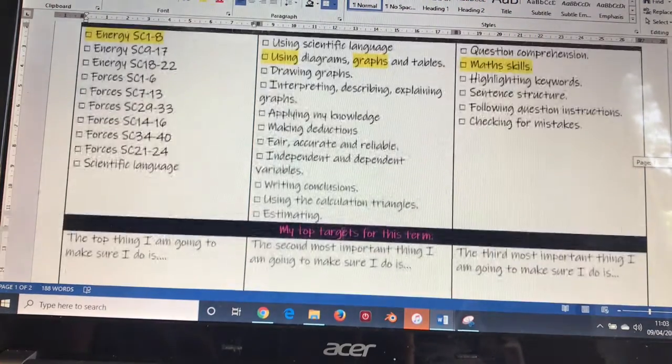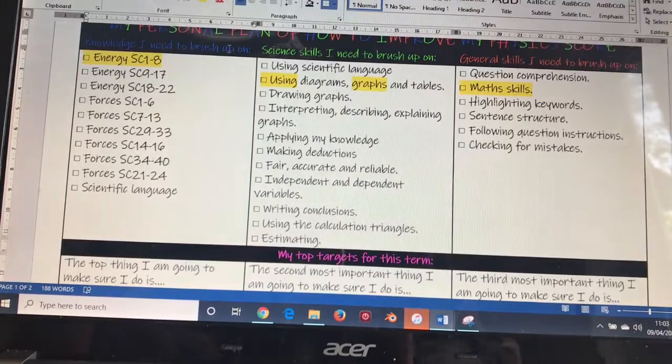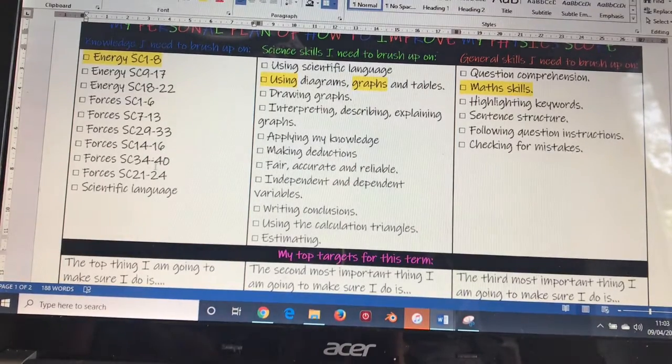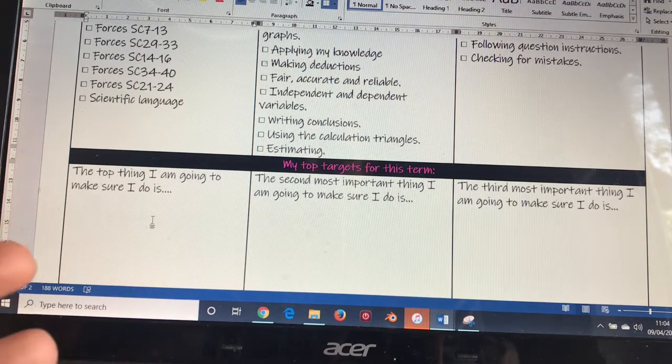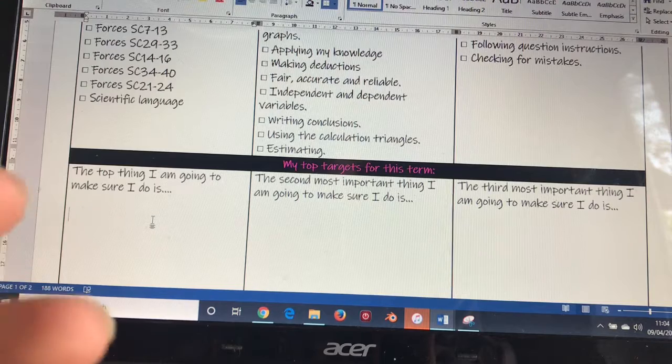So you'd go back up to here and have a look. Now, if, for instance, you got loads of the knowledge wrong, then you probably want to focus your top target on something to do with knowledge. Now, it might be that you think there's a problem with the actual revision process, so you might give yourself a revision target. It might be actually you've revised fine, but in the actual lessons you were struggling so much that when you came to revise you were trying to learn it.